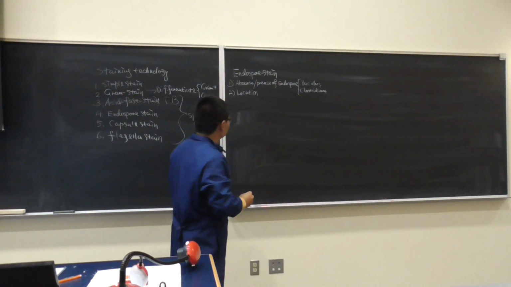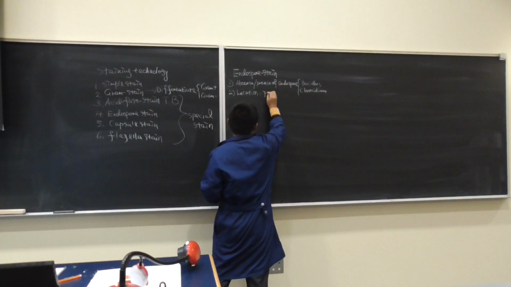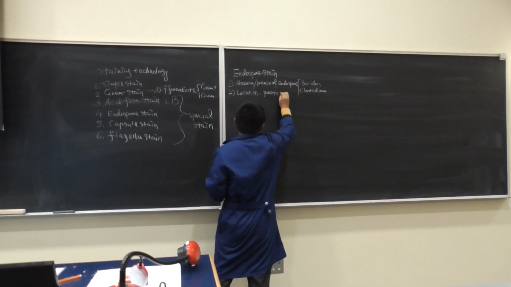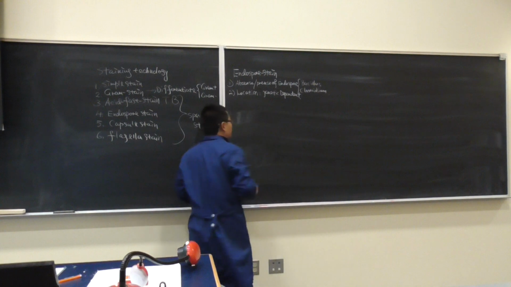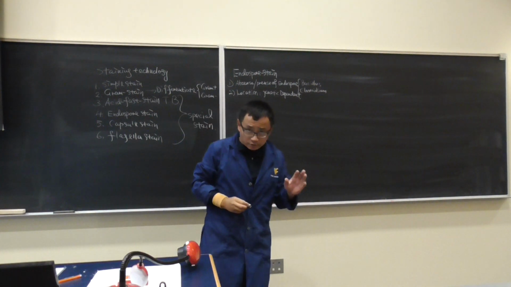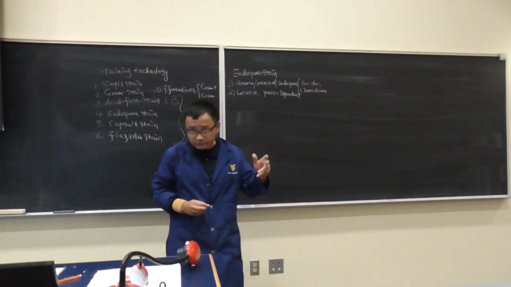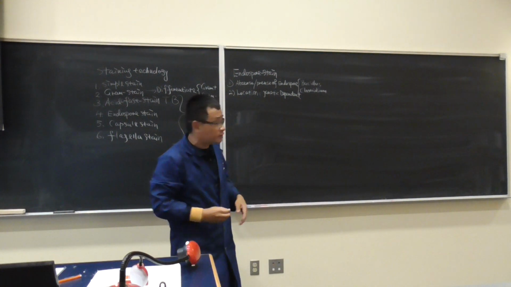Now the location of the endospore is genetically dependent. So based on the location of the endospore, we maybe can give some estimation of what kind of bacteria it is.